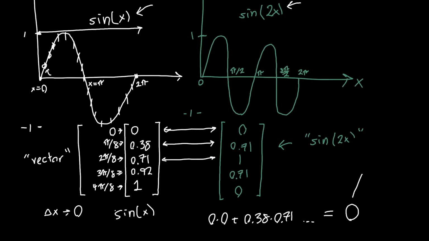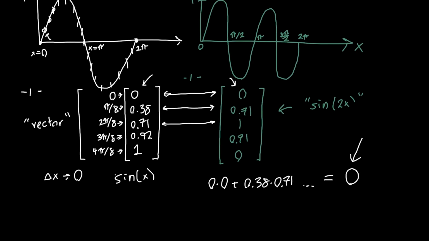And that's really interesting and kind of suggestive, because this is how we're going to define the dot product, or as it's often called, the inner product between two functions. We just take the values at each point of the two functions and multiply them by each other, and then take a sum over all the values.